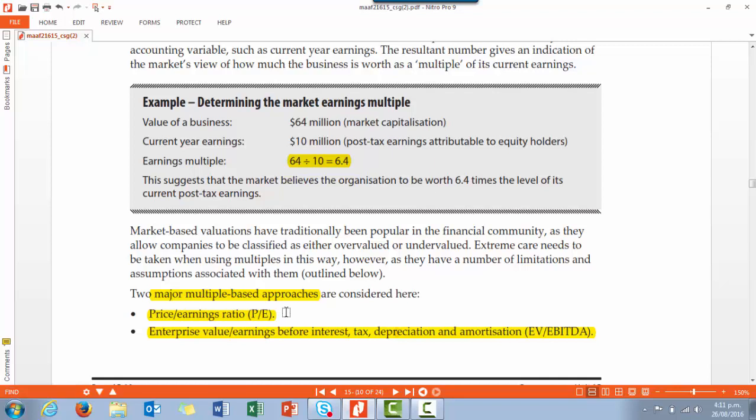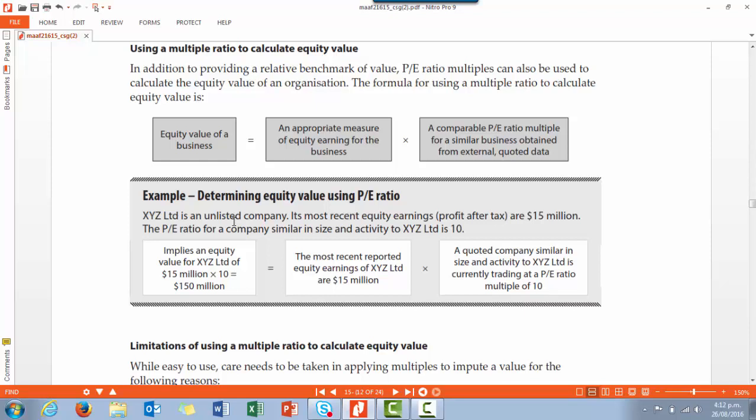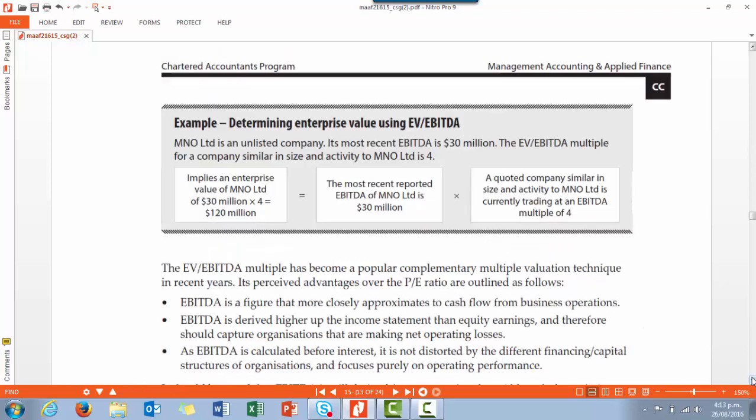Each of those will provide us with an earnings multiple, which we could then use to value a business. Here is an example where we determine the equity value using the price earnings ratio. And secondly, an example where we determine the enterprise value using the enterprise value divided by EBITDA.